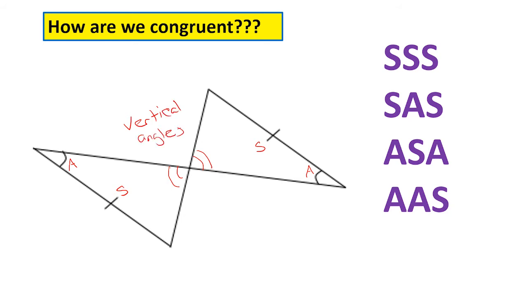And remember, vertical angles are each pair of opposite angles made by two intersecting lines. And so we have our intersecting lines right here. They're opposite angles made by two intersecting lines, and vertical angles are congruent. So we have a pair of congruent angles here. So we could say that this is angle, angle, side.